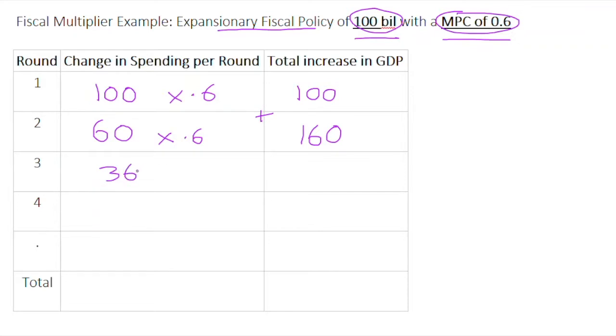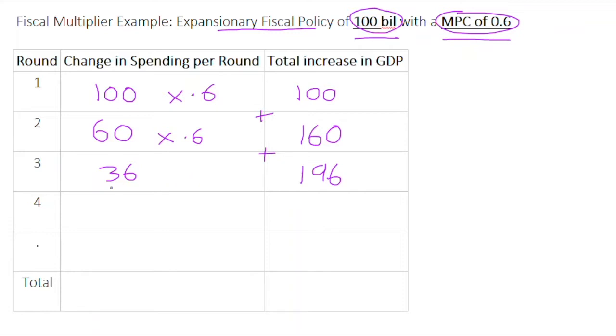So now in round three we have an extra 36 billion generated by 60 billion extra income, and this is added on to the total increase in GDP. So now we have 196 billion increase in total GDP.